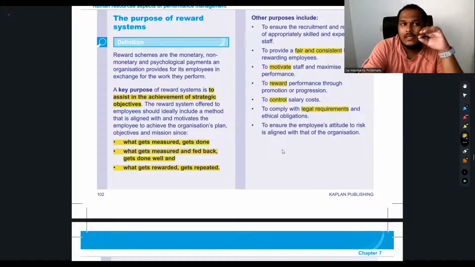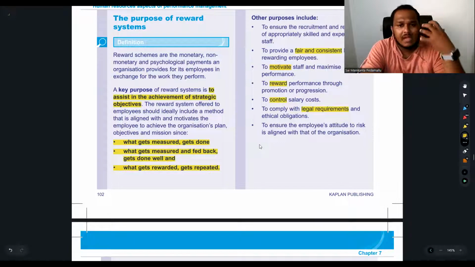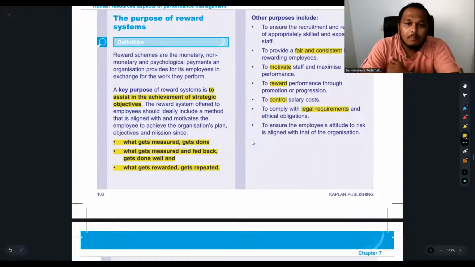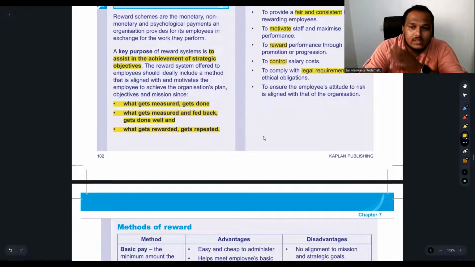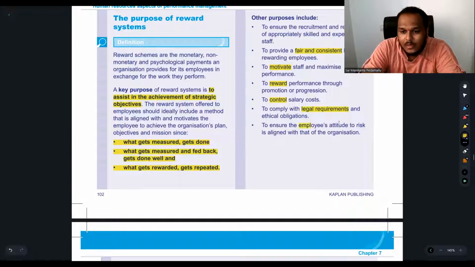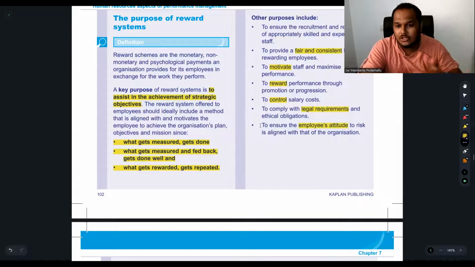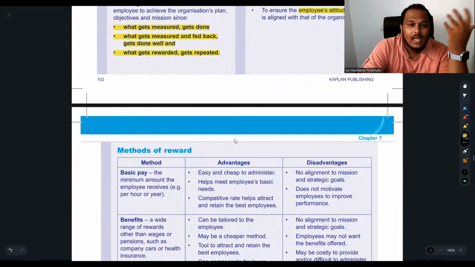So there are so many legal and compliance aspects, and having a proper HRM will contribute towards complying with those rules and regulations. Also, maintaining a proper attitude of employees so that they align with the organization's overall culture. So these are all the purposes of having HRM.